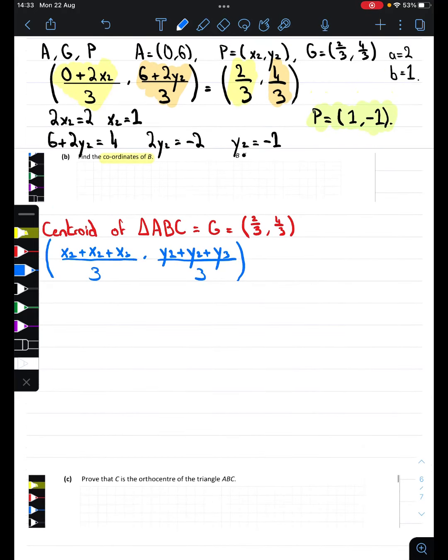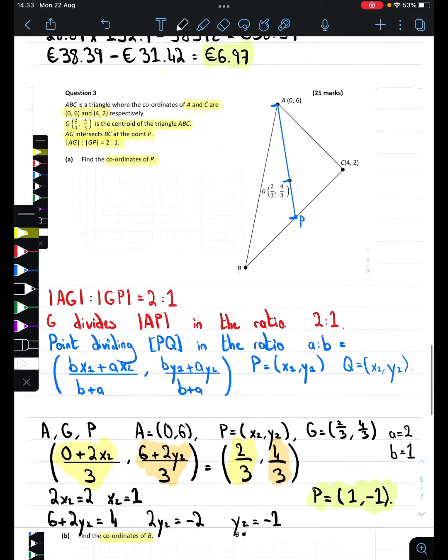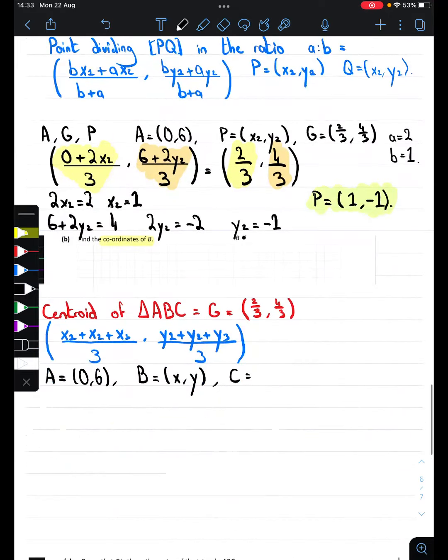Our 3 sets of coordinates are A, which is (0, 6), B, which is unknown, let's call this (x, y), and C, which is (4, 2).